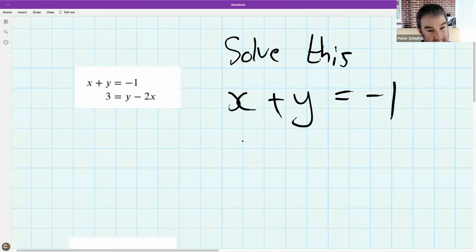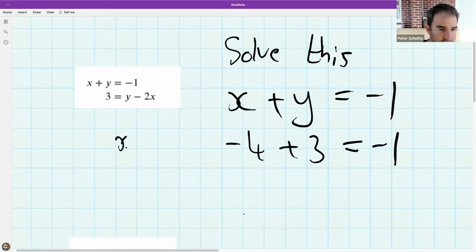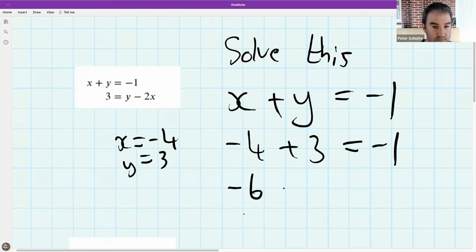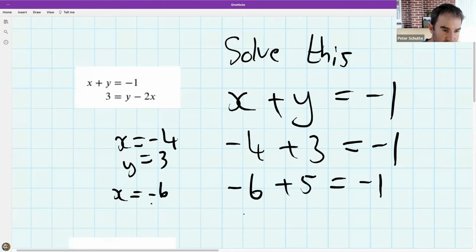So I could say -4 plus 3 gives me -1, and in that case, x would be -4 and y would be 3. But I could also say that x could be -6 plus 5, and that gives me -1. So it could also be true that x is -6 and y is 5.